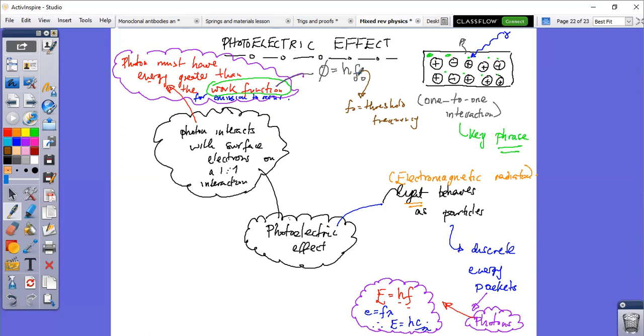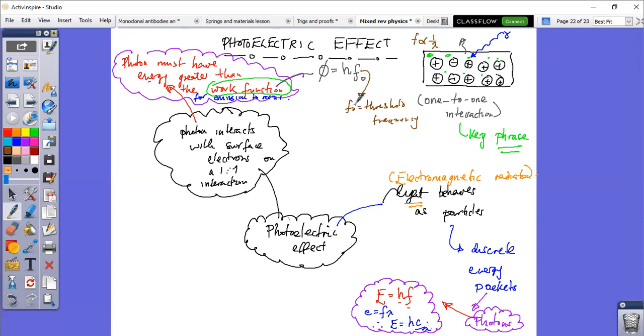Again, this can be rearranged to hc over lambda. Please note that frequency is inversely proportional to wavelength. So if this is the minimum frequency, it can also be represented as the maximum wavelength. Maximum wavelength gives me minimum frequency.